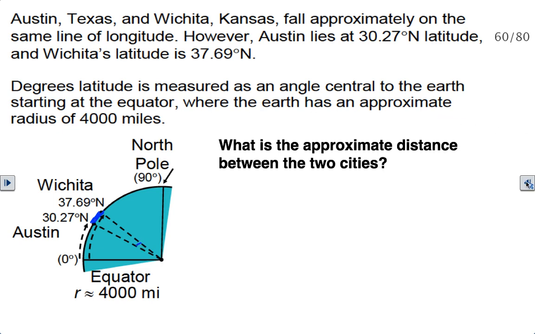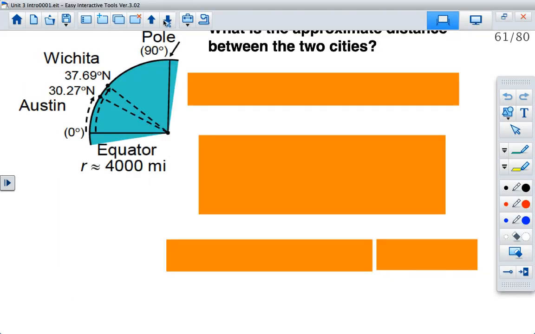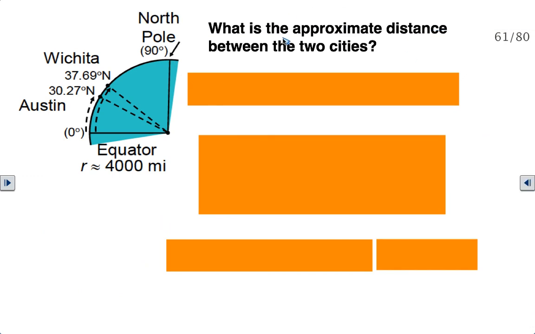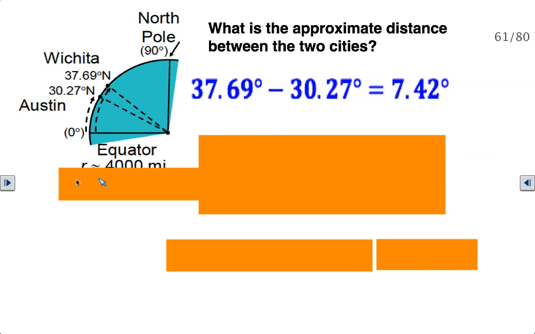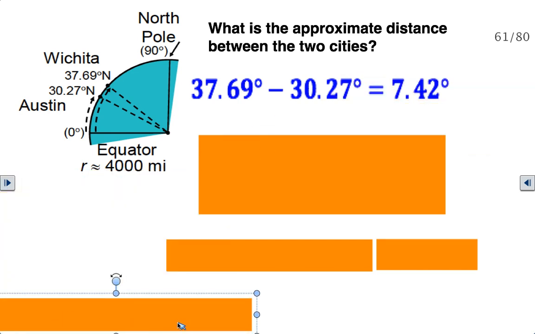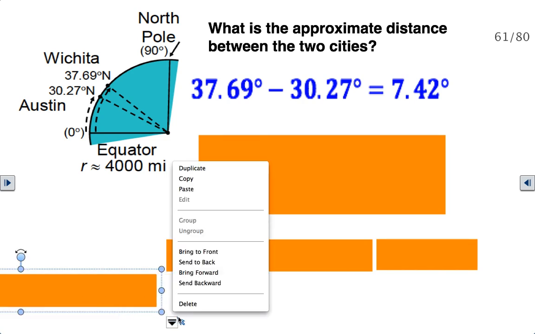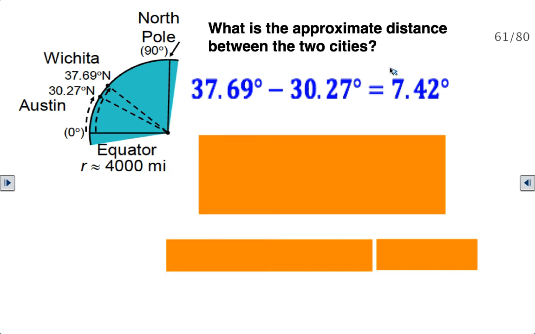Okay, this question is going to take a little bit of space. So let's move everything up. So now to find the approximate distance, first to find the angle, you're going to take Wichita's angle, subtract it from Austin's angle, and then you find your angle in degrees of what you need to find this, okay?